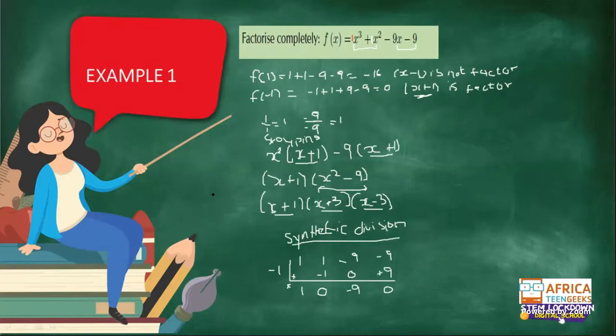So these terms actually represent the term you will be multiplying your factor with. So you will have the 1 multiplied by your x squared, which will be x squared.